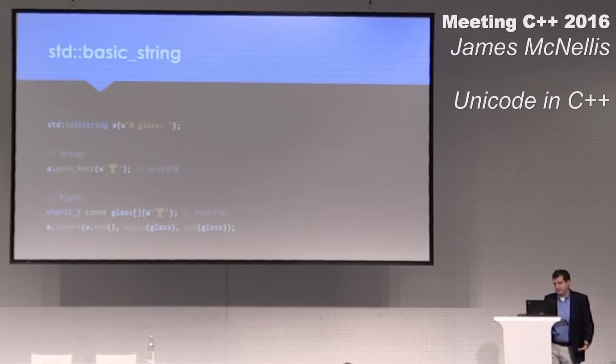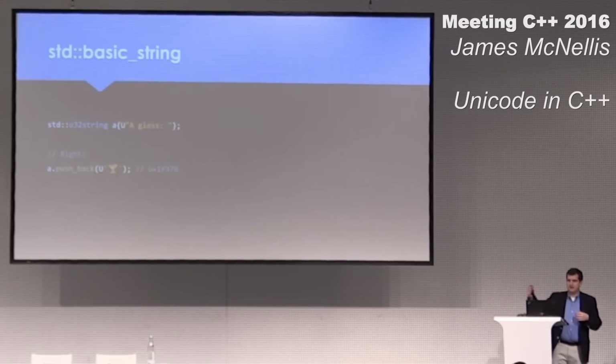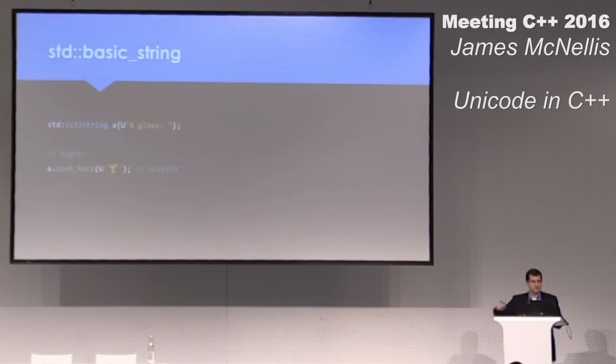We have to do the same thing for the u16string, like if we want to push back the martini glass, that is not representable using a single UTF-16 code unit. And it's only for UTF-32 that we can actually push back single characters consistently for all of the characters in the character set because all of them are representable in a single code unit. But again, most people aren't using UTF-32 in their software.